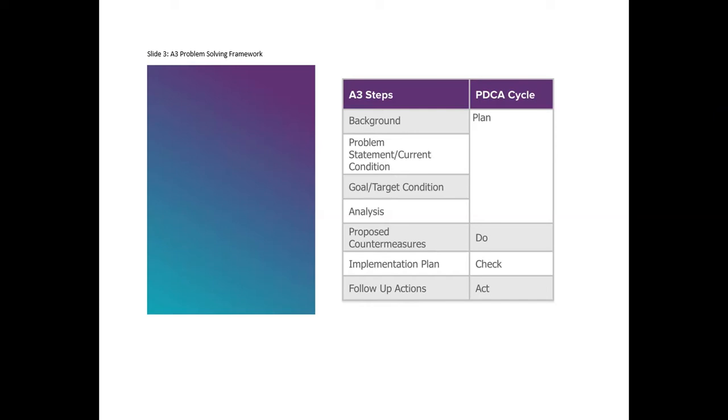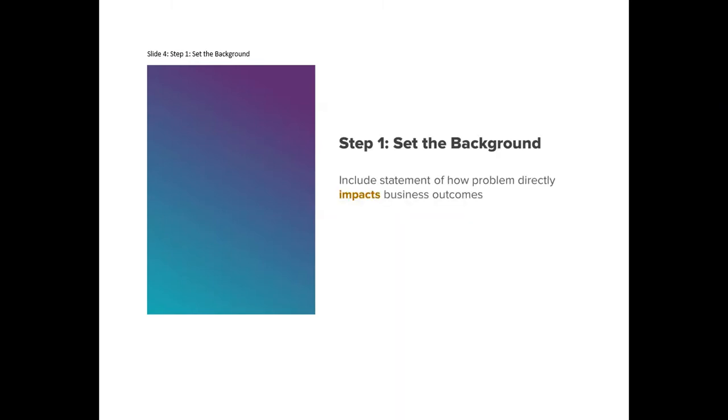We can see the planning step is a large part as compared to the PDCA in the A3 steps. That includes background, problem statement of the current condition that we already discussed in the previous lecture, goal and target condition. It's again a part of your current condition as well as target condition analysis. So we can briefly discuss them one by one.